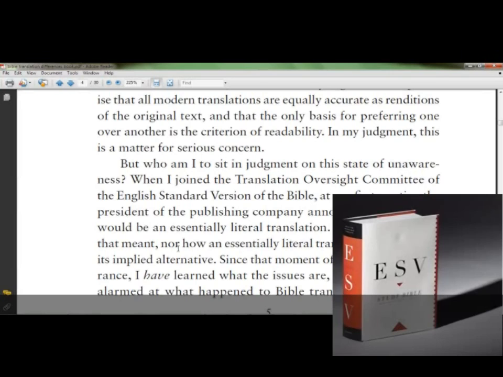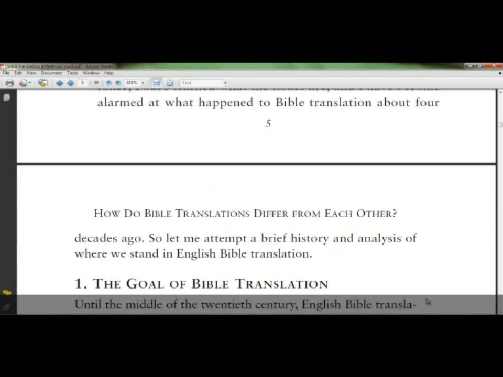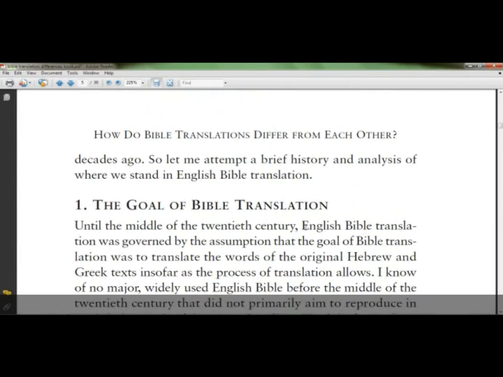I had no idea what that meant, nor how an essentially literal translation differs from its implied alternative. Since that moment of embarrassing ignorance, I have learned what the issues are, and I have become alarmed at what happened to Bible translation about 4 decades ago. So let me attempt a brief history and analysis of where we stand in English Bible translation.